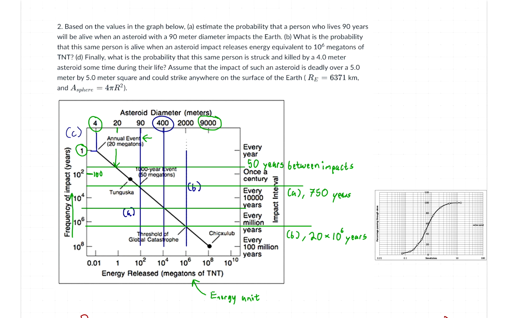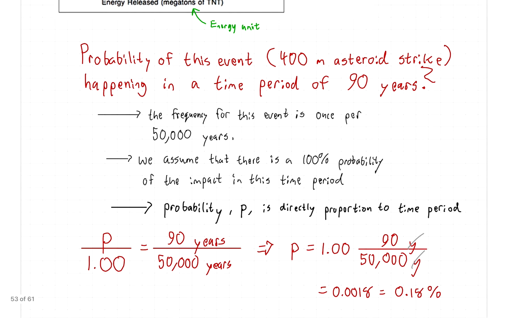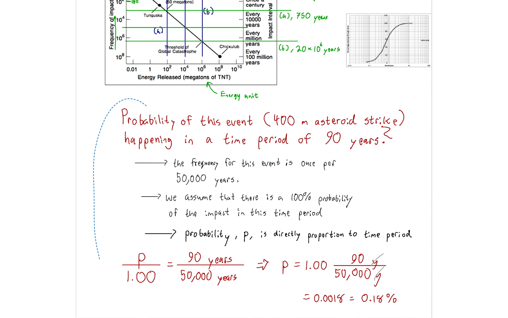So then we're just going to take the area of danger over the overall area of the Earth, multiplied by the frequency that asteroid is going to occur per year, multiplied by the number of years the person is alive, and that's their chance of being killed by a 4-meter asteroid within their 90-year lifespan. So, in other words, let me summarize that.